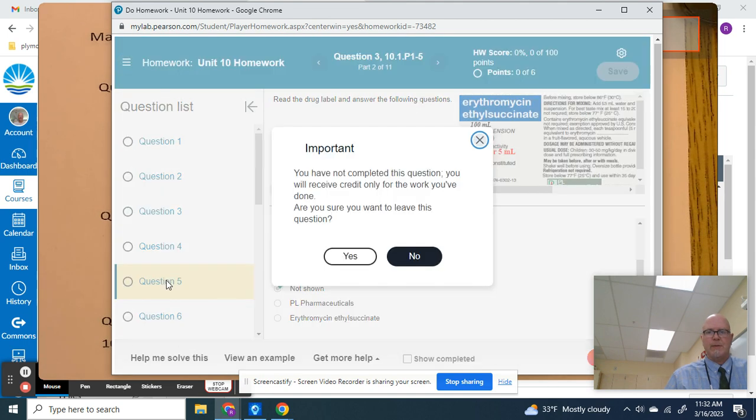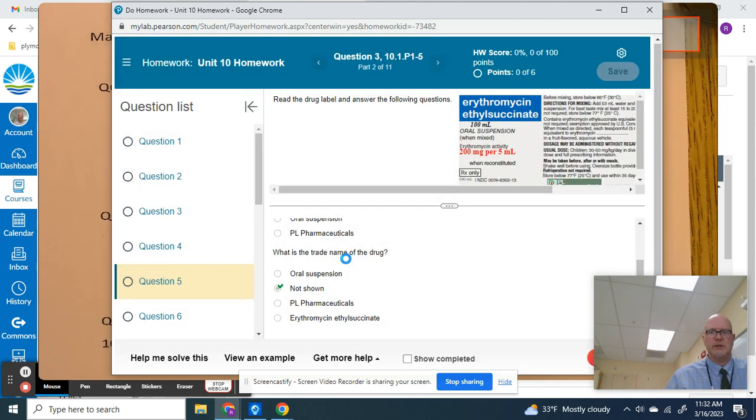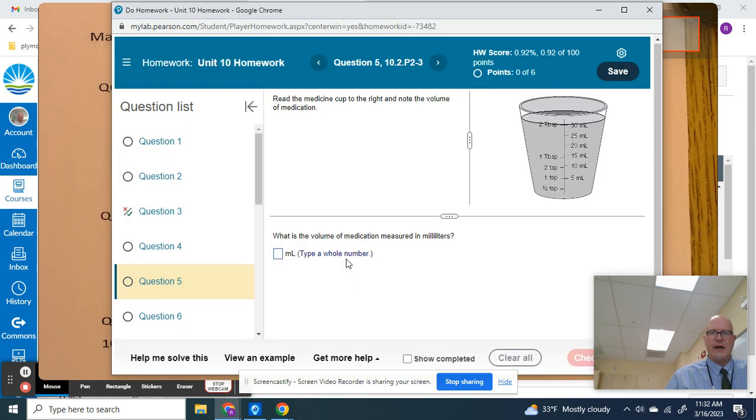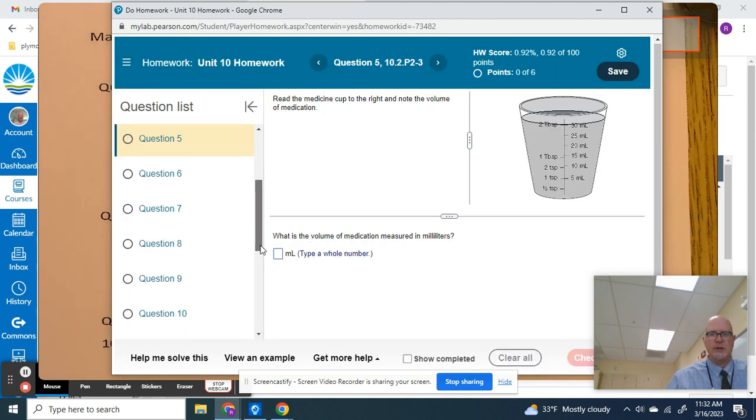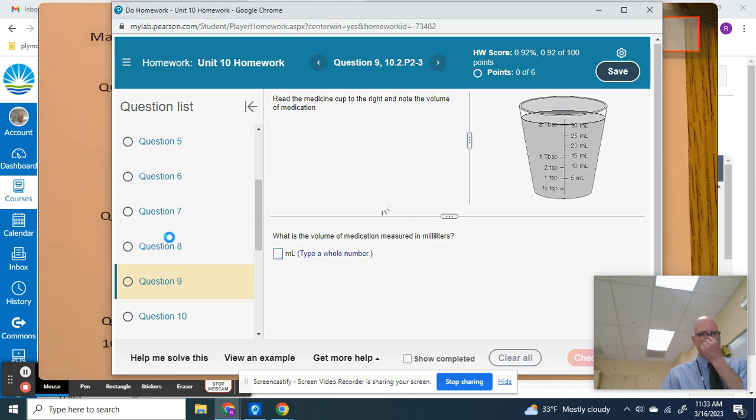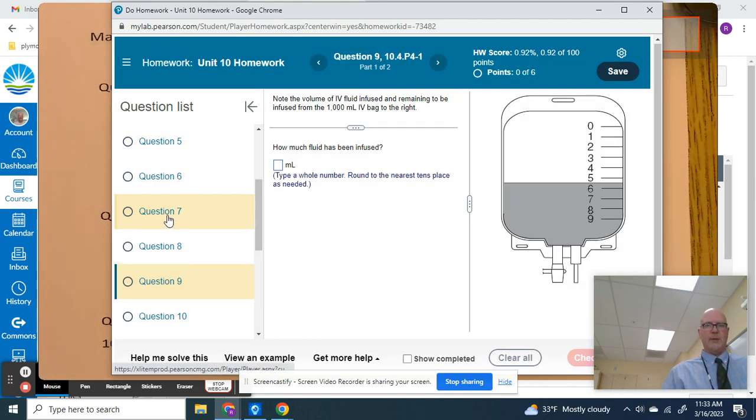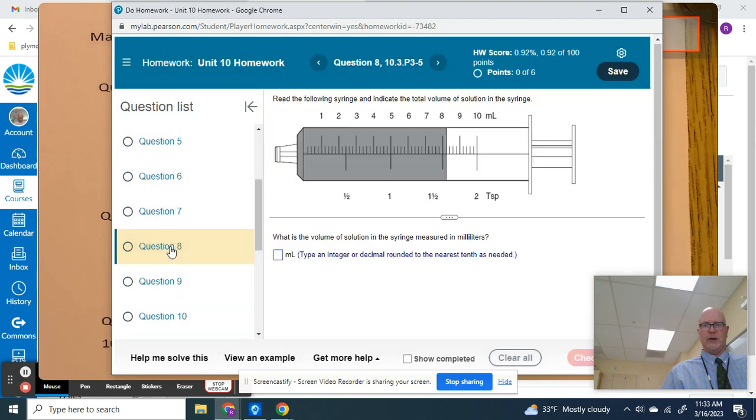that section. Going to jump away to the next questions here. Question 5 talks about a cup where you're supposed to write the volume of the medication. Up to question 8 is similar questions about syringes and cups and some sort of liquid medication.